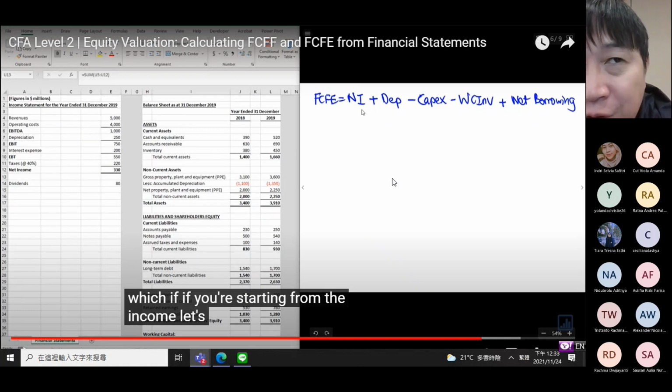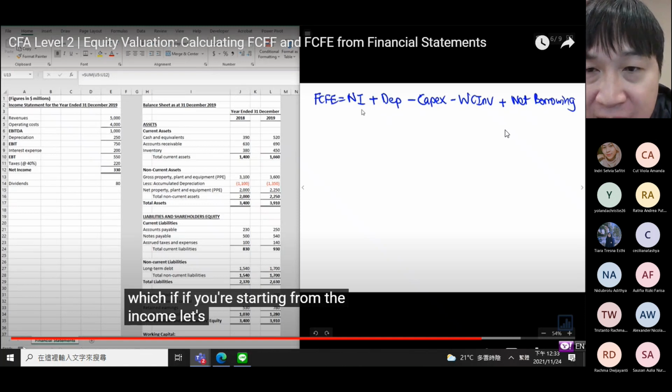For cleaning the old debt, in your cash flows it is a minus item. So net borrowing means issuing debt, issuing stock, and subtracting repaying the old debt and share purchases or dividends, something like that.